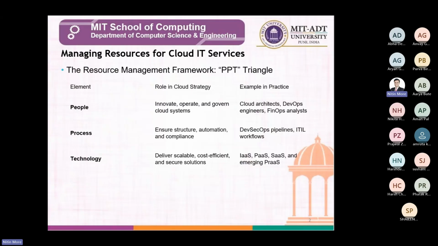Those people can be CIO or CTO, chief information officer or chief technology officer, who is going to take some strategic designs, right? So a cloud architect, if we see, designs some system, the development and operation engineer is going to automate the overall deployments in the cloud for the production of some software or products or services.